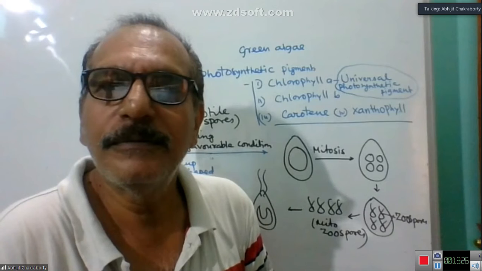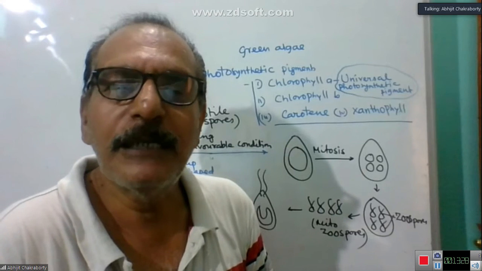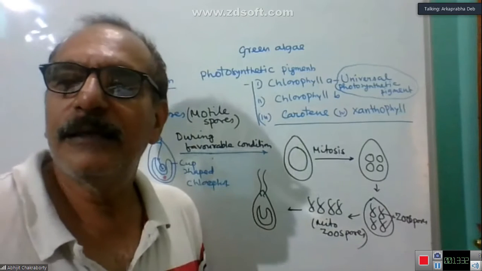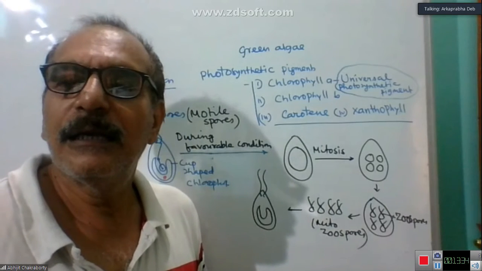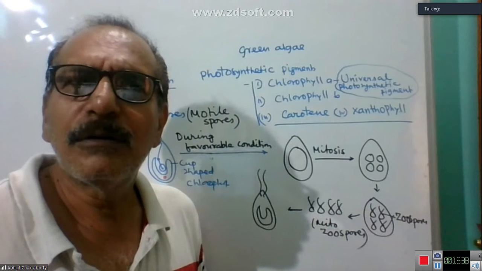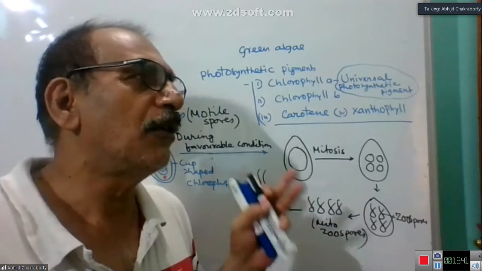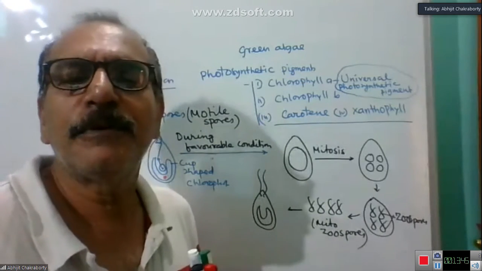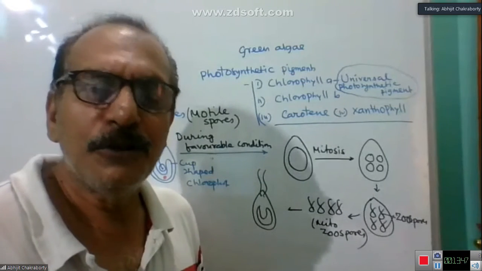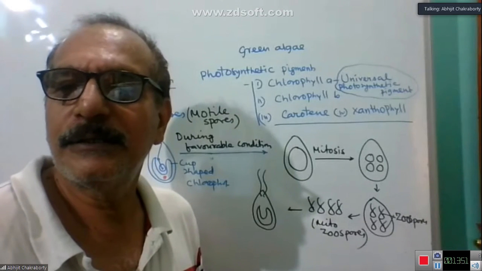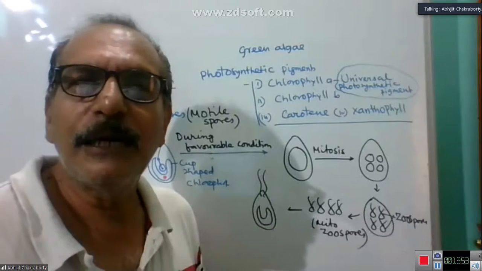Sir, can you please repeat this part? Is it true for all kinds of chloroplasts, or does it occur only in cup-shaped chloroplasts? Not in chloroplast, not in an organism. Zoospores are found in many other green algae, not only in Chlamydomonas.